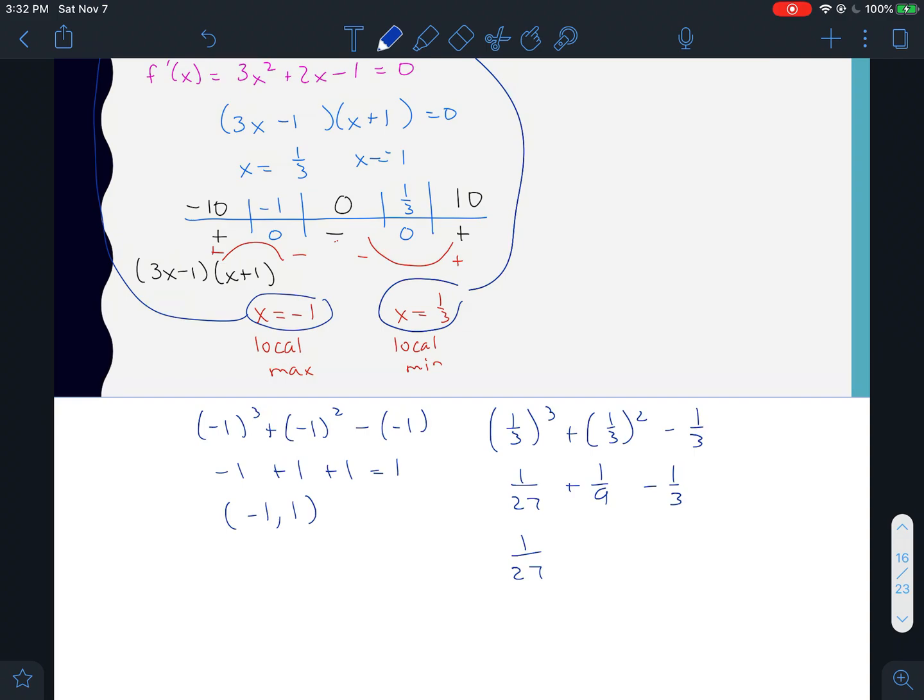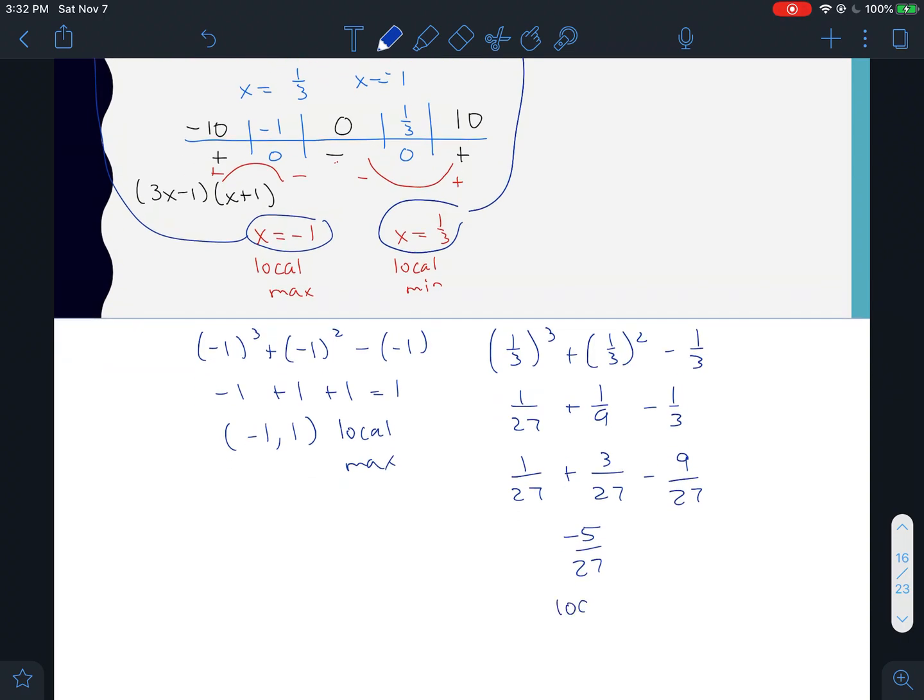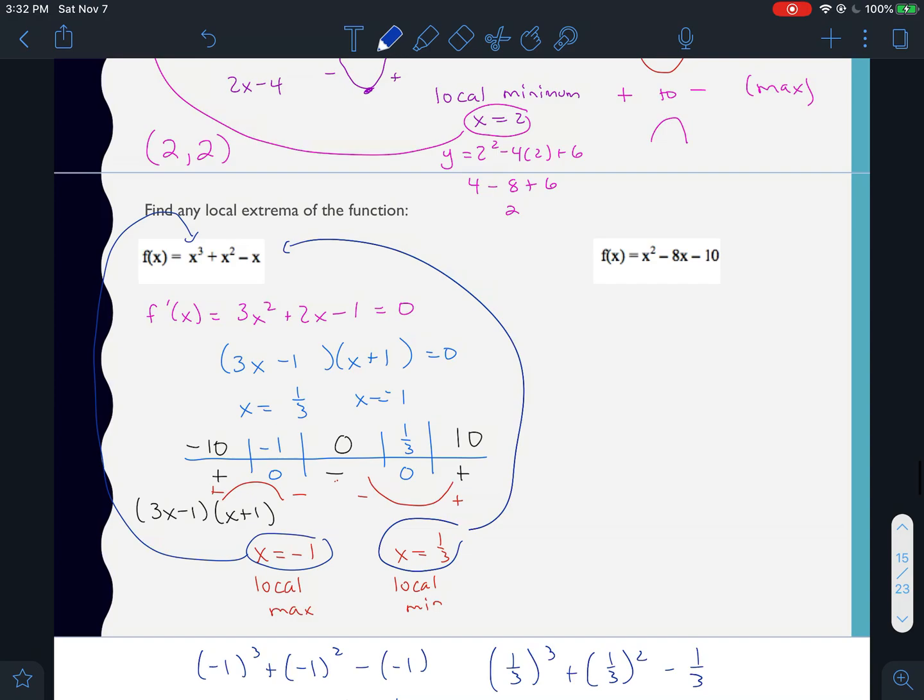So this would be 1/27 plus 1/9 minus 1/3, or 1/27 plus 3/27 minus 9/27, which would be -5/27. So this is my local max, and I would have a local min at the point (1/3, -5/27).